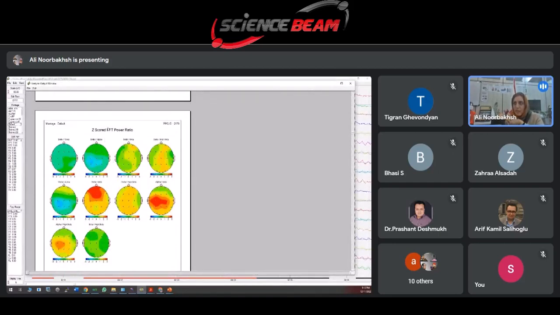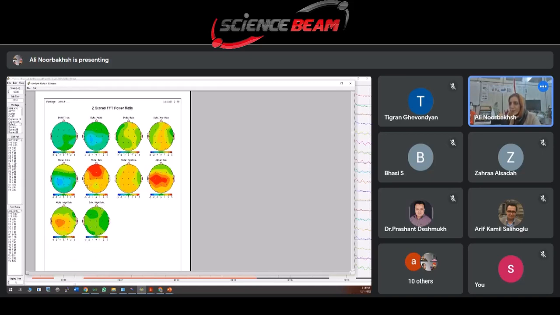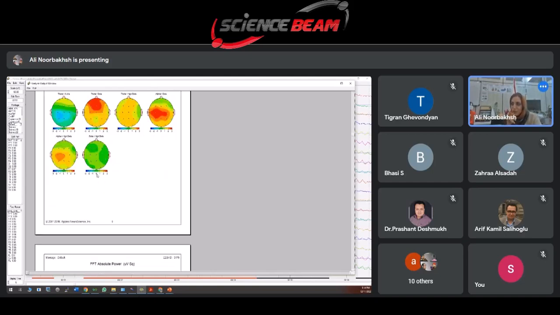Another keyword is the power ratio. Delta, theta power ratio. Can you see the theta, beta power ratio for this client? Because theta increases and beta decreases. You can see the color of the map. And again, you can decrease the theta beta ratio.